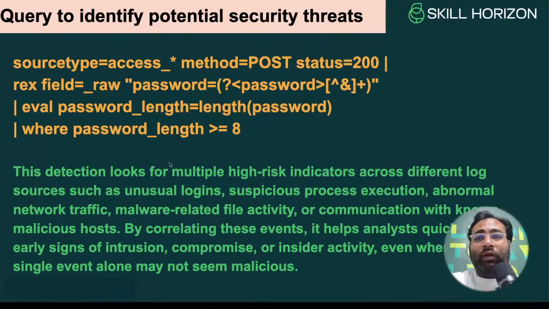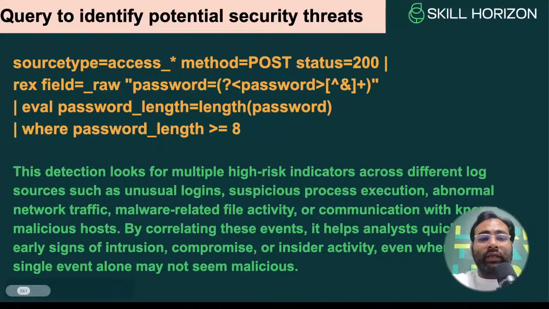This particular detection looks for multiple high risk indicators across different log sources, such as unusual logins, suspicious process executions, abnormal network traffic, malware related file activity, or communication with malicious hosts.